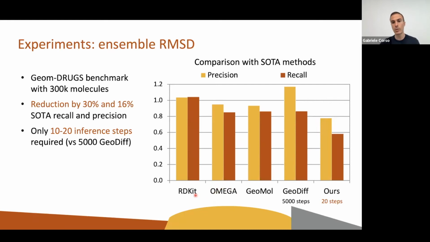And critically, when we compare it to GeoDiff, which is the other diffusion-based method, not only do we perform significantly better, but we also only require 20 inference steps compared to the 5,000 inference steps that GeoDiff takes to get these competitive results. And this is critical because, I think, for a single conformer on CPU, it goes from taking 5 minutes per conformer to about a couple of seconds. So in many applications, this is a critical speed up.